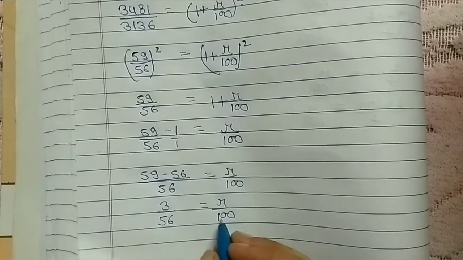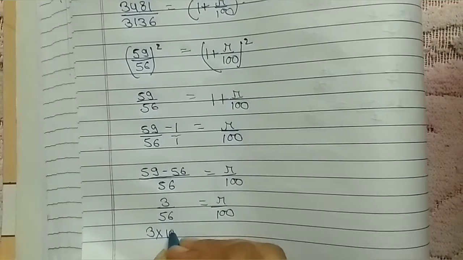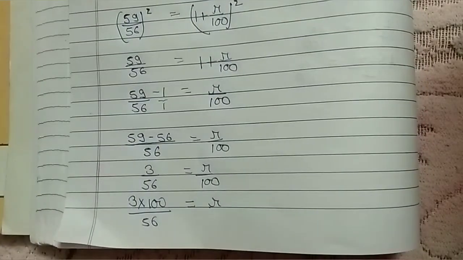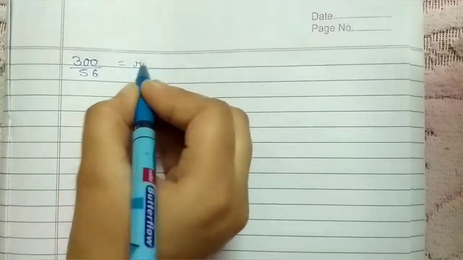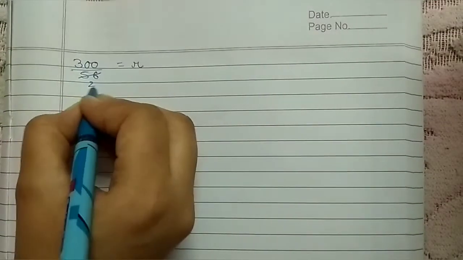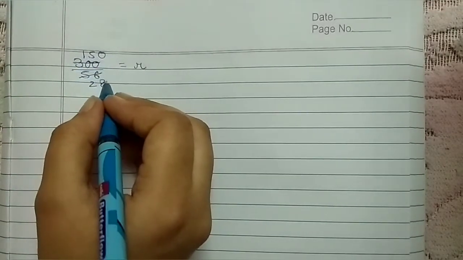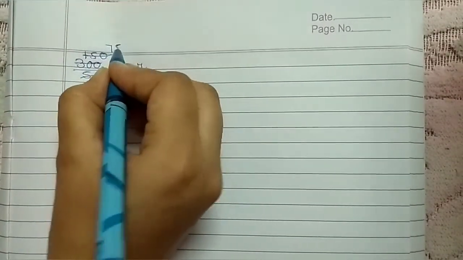This 100 here is in divide. It will go here and become multiply. 3 into 100 upon 56 equal to R. Now we will multiply this. By multiplying this, we will get 300 upon 56 equal to R. We will reduce them. 2 2s are 4, 2 8s are 16, 2 1s are 2, 2 5s are 10, 2 0s are 0. 2 1s are 2, 2 4s are 8, 2 7s are 14, 2 5s are 10.